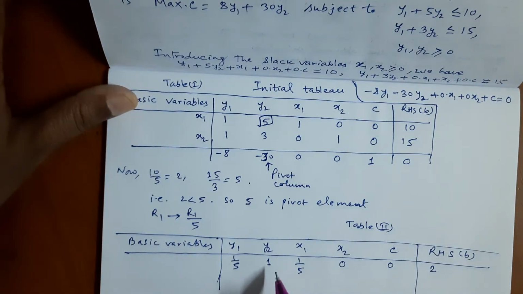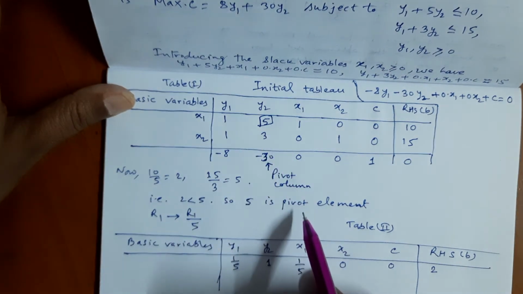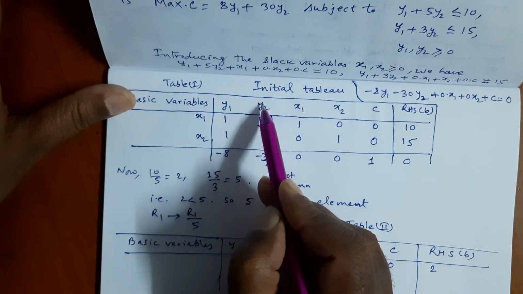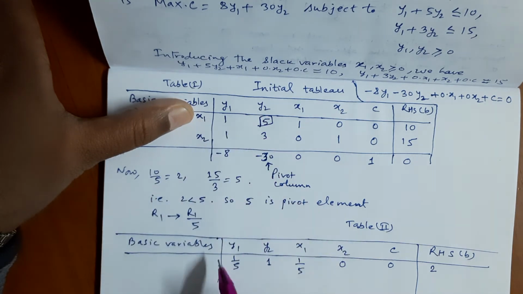Okay, now when this pivot element is made 1, this becomes the entering variable, and this becomes the departing variable. So x1 will be replaced by y2.